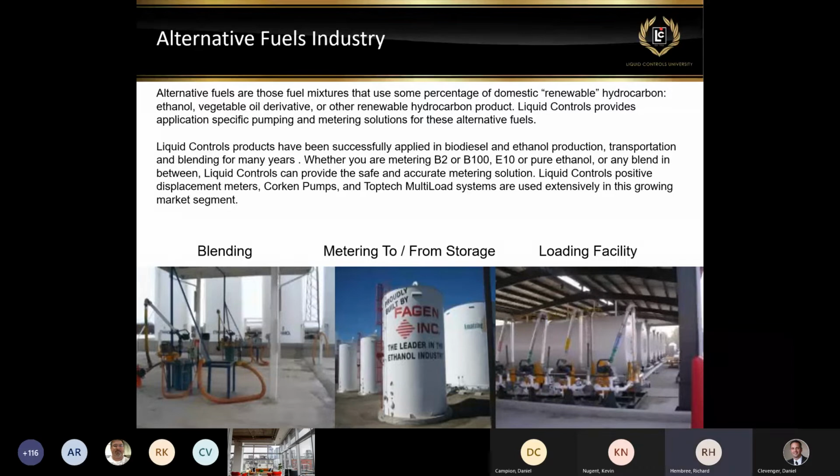Alternative fuels. This is one that's been around in some parts of the world for many years, but it's getting more and more traction, certainly here in the US, because just recently they are now able to start blending fuels of gasoline up to 15% ethanol, which is something very new. Otherwise, it was typically up to 10%, but now they've gone from E10 up to E15. The other is on diesel fuel.